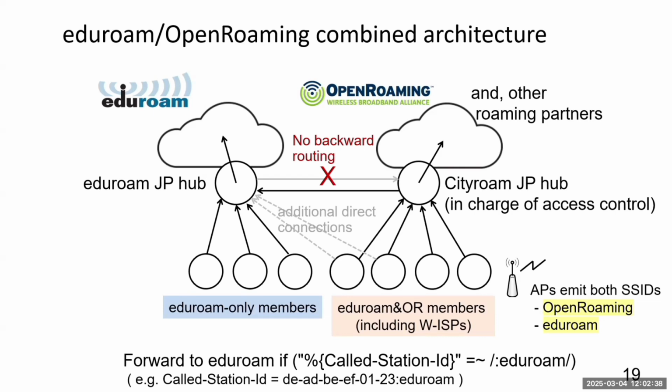And on the right-hand side, you see the Cityroam system. And we have a Cityroam hub. Each operator connects their access points to the hub on the right side. And the access points are emitting both SSIDs, OpenRoaming and Eduroam. And these authentication requests can be separated by looking at the SSID. The Eduroam SSID is fixed, so it's easy to find the Eduroam traffic.